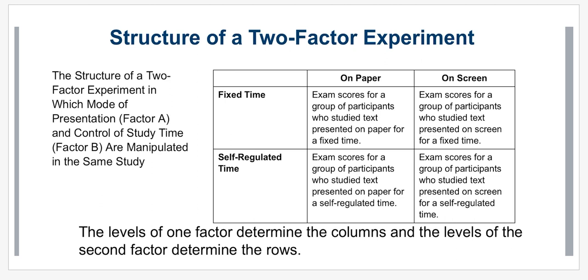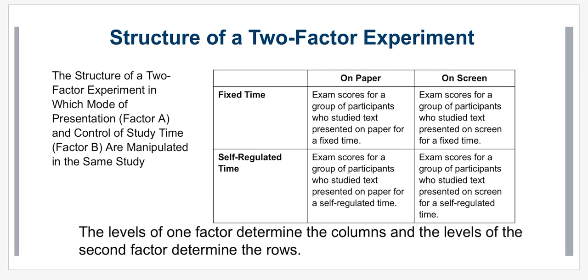So what that means is that if we had just looked at one variable or the other, we would not have seen this relationship here, which is that when students are studying on a screen, they seem to be less able to regulate when they've studied enough, or when they've gotten good enough information. There are a lot of other factors there.